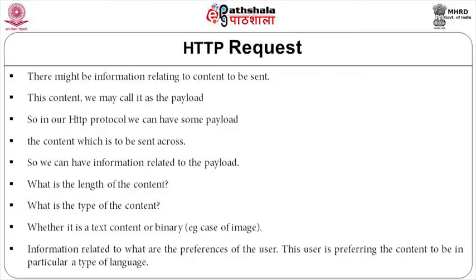This content, we can call it a payload. So in our HTTP protocol, there could be some payload, that's the content which is to be sent across. So information related to the payload: what is the length of the content which I am sending? What is the type of the content? Whether it's a text content, an image, or what I am sending. Such additional information, and information related to what I support.